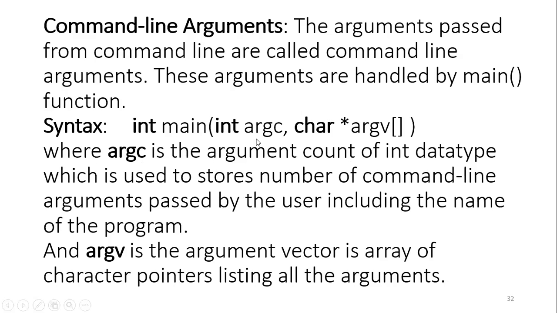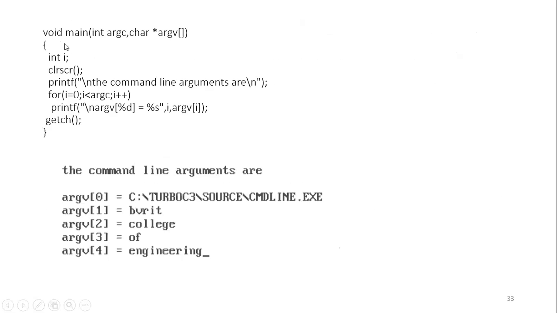So this argument count contains the number of elements passed as command line arguments, including the name of the program. argv is the argument vector, an array of character pointers listing all the arguments. We shall see this with an example program.